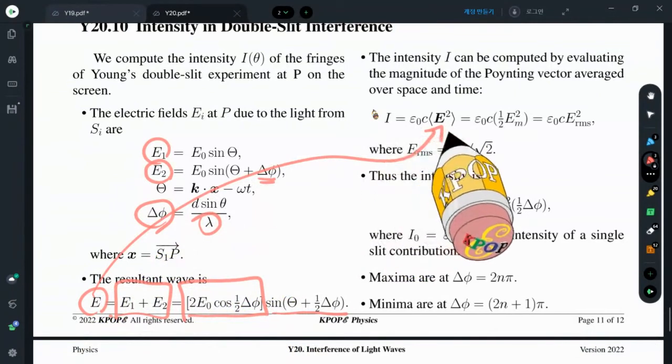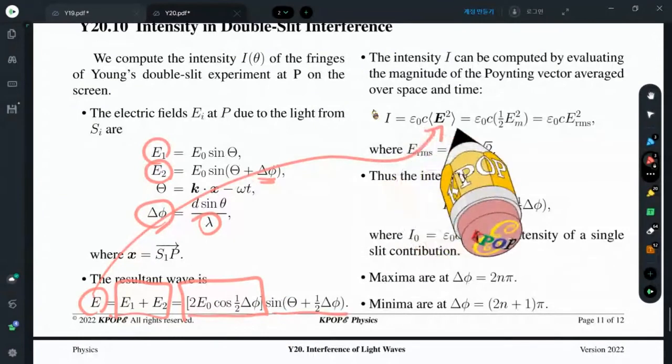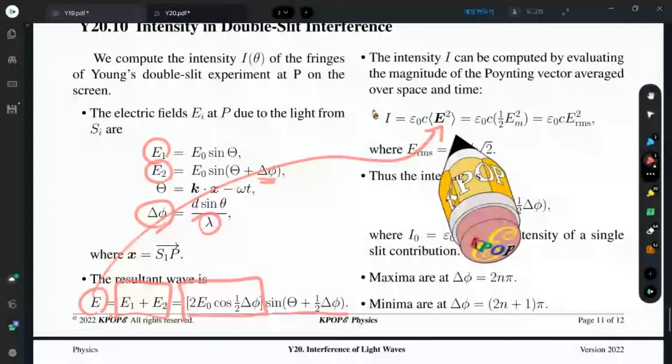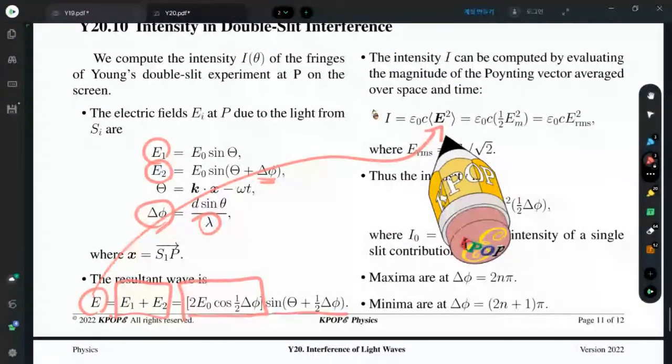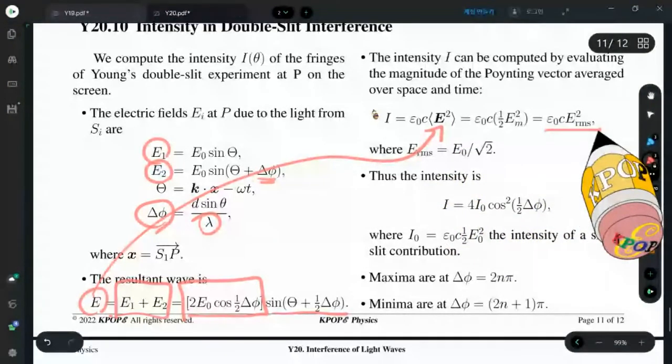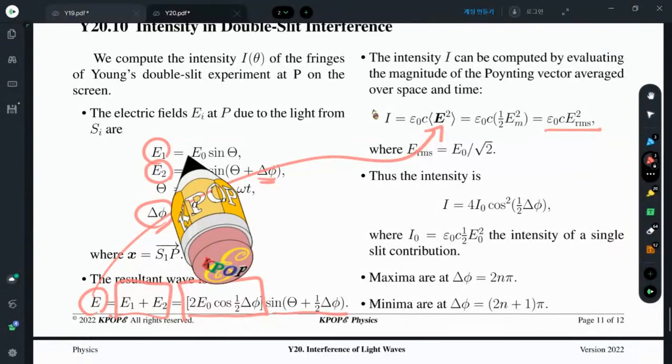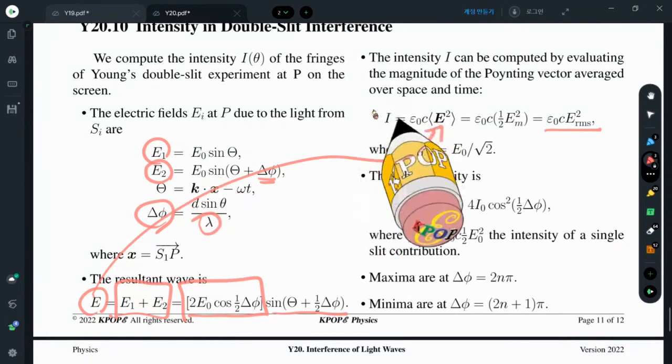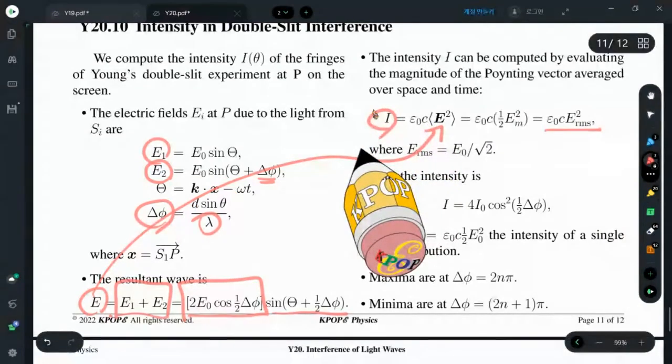The intensity of the electromagnetic wave is the sum of the electric field and magnetic field contributions, and we know the energy densities should be the same, and in terms of RMS value, we can express it like that. Therefore, the net electric field can be used to find this intensity.